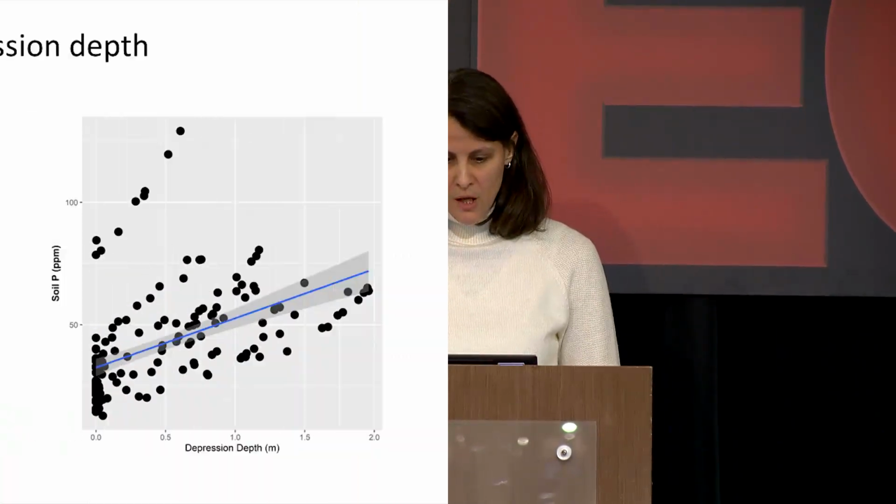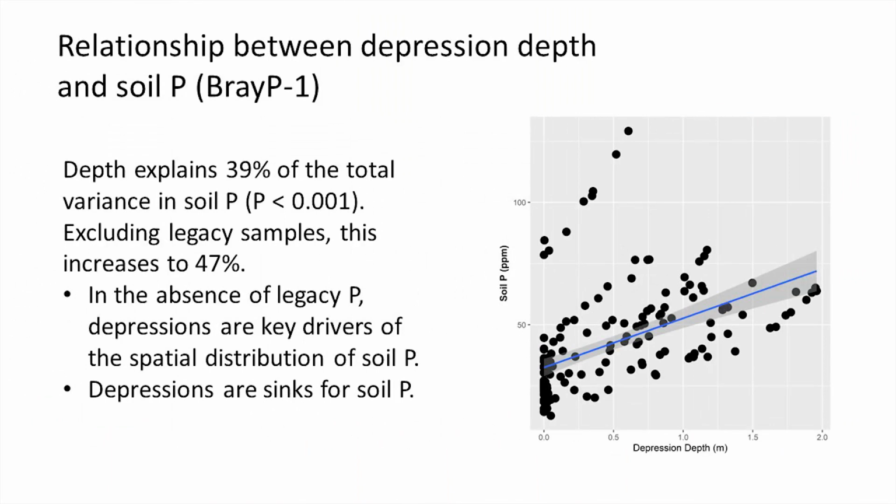All right, further confirming that this is related to depression depth, we can just plot the relationship between depression depth and soil P. And if I look at the trend relating these variables, including those points that I'll talk about in a second, up there on the top, depth explains about 39% of the total variance in soil P. So those outliers, or string of observations in the corner of the plot, are actually samples collected from an area that previously had a farm located on it, so it's an old farmstead, and so we believe these are P legacy samples.